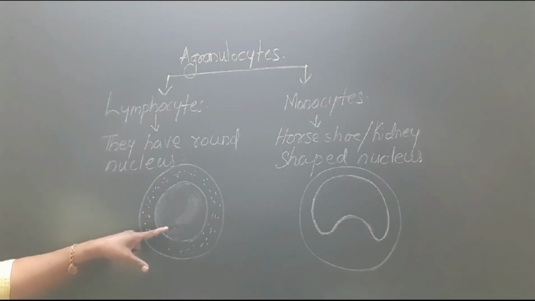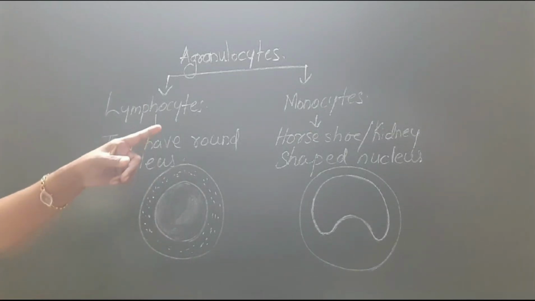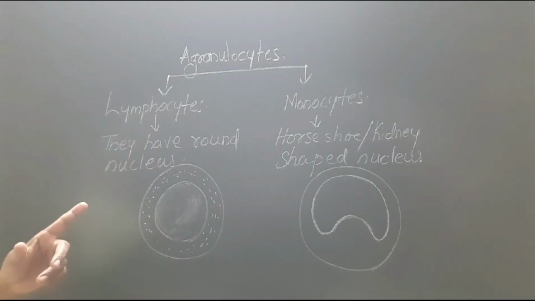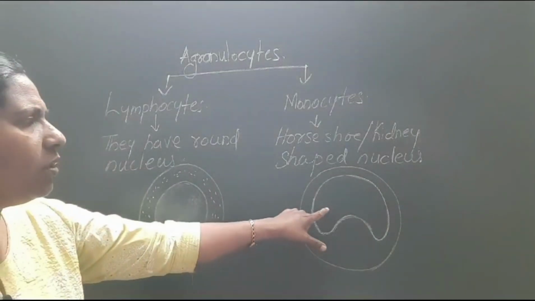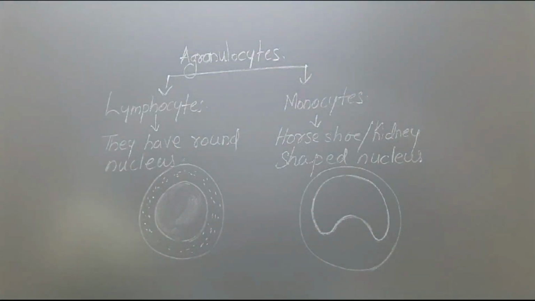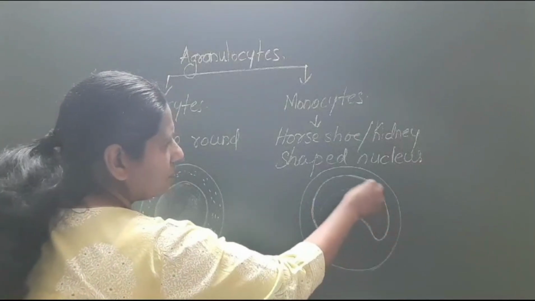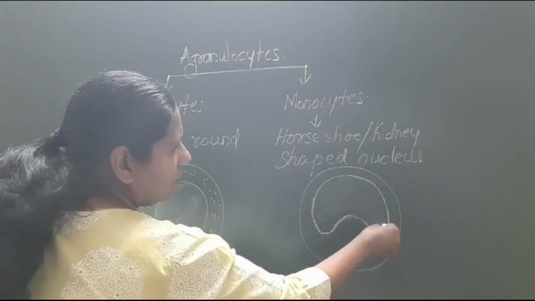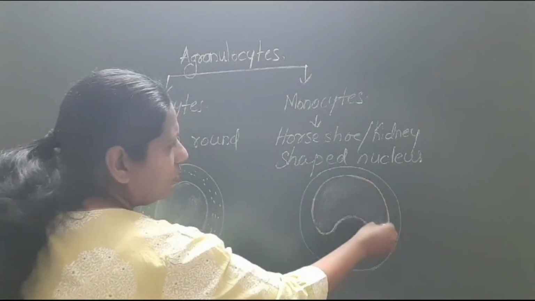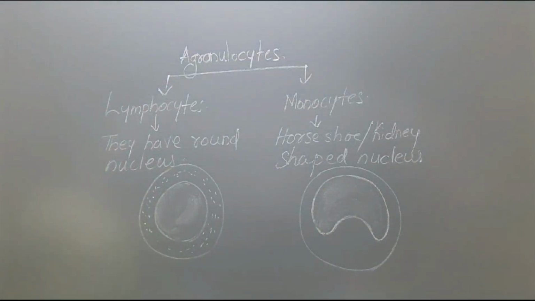Monocytes have a horseshoe shaped or kidney shaped nucleus.